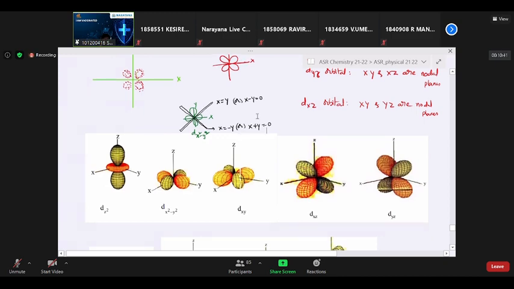So I'm giving the nodal planes here. One is x plus y is equal to 0, another is x minus y is equal to 0 here.